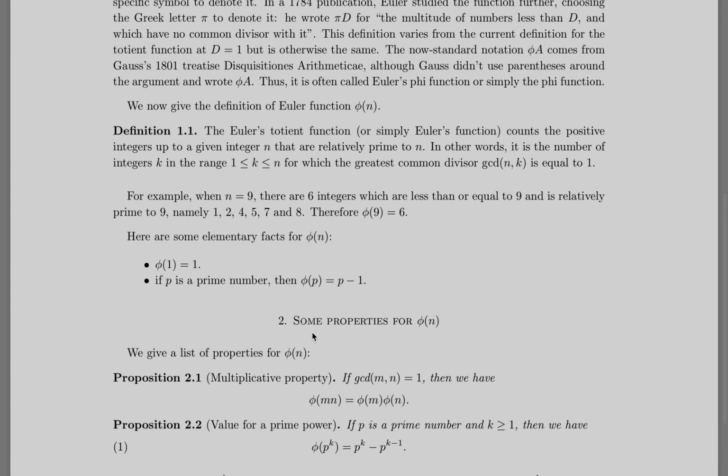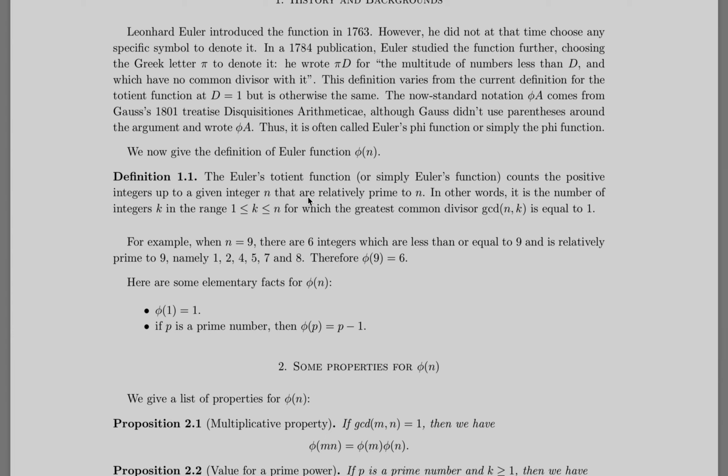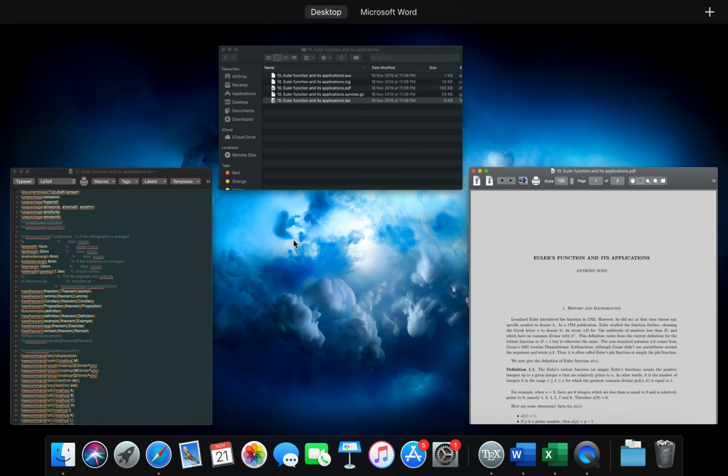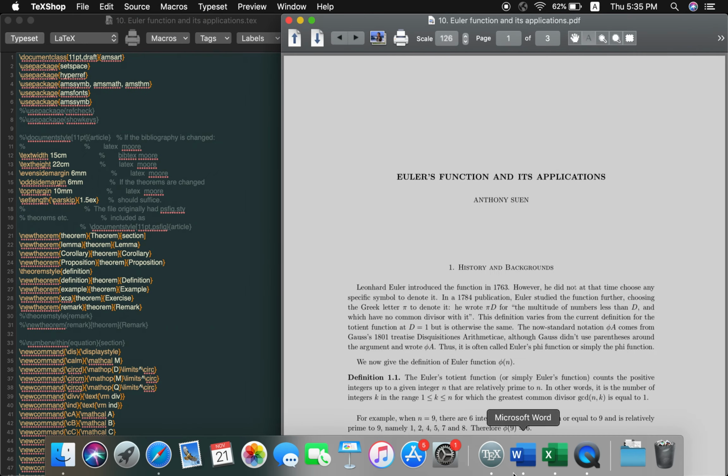So when you're watching this video, I suggest you have the notes and related material available on your computer. Then when you are listening to this video, you can just read the notes and see if you have any question in understanding the material.